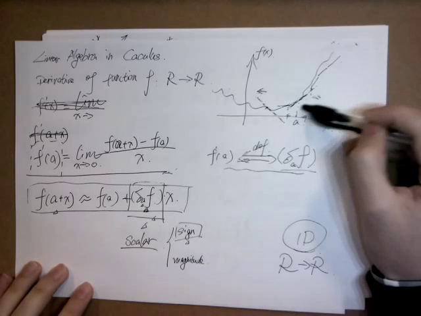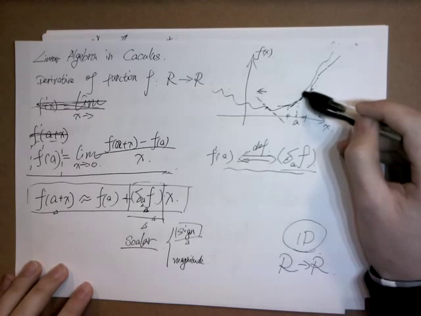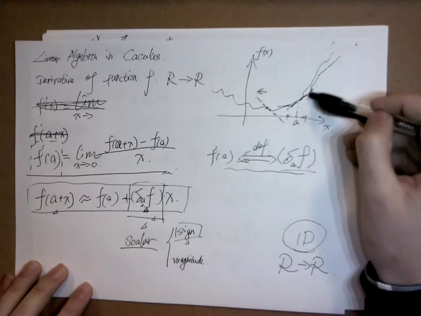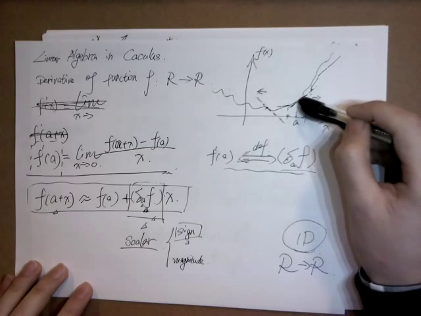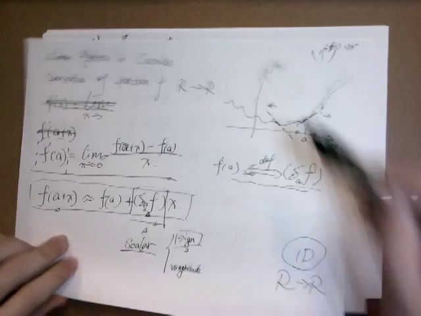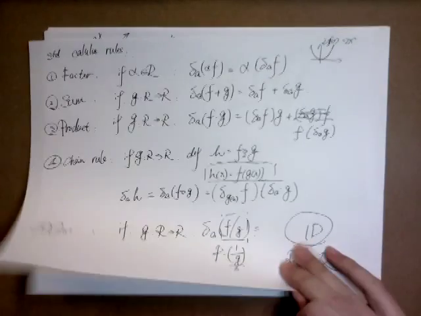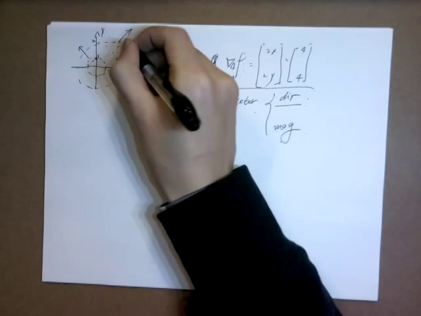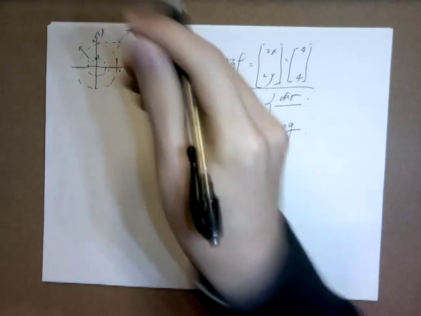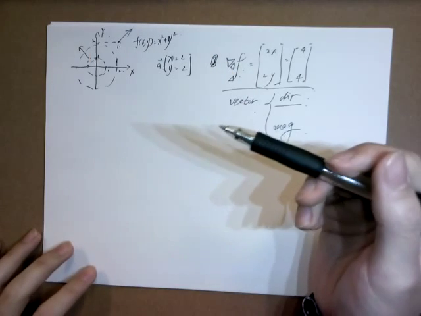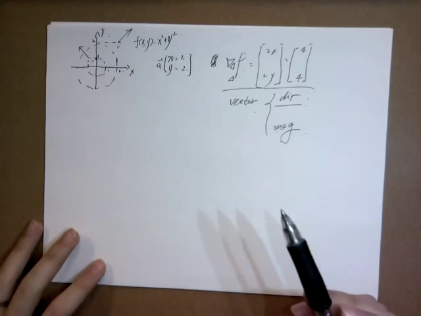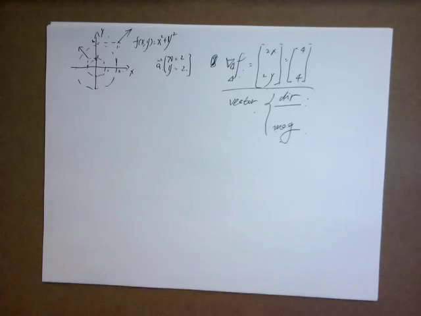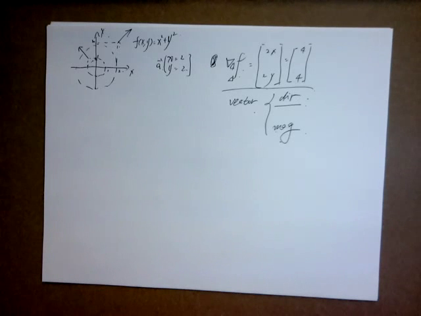And I have told you that the sign means in which direction of x will make the function increase. And the magnitude tells you how large it will increase around this point, right? So if I have this vector case, the direction of the vector tells you what the ascent direction of the function is. It's the steepest ascent direction of the function. And also the magnitude tells you how large the ascent would be.